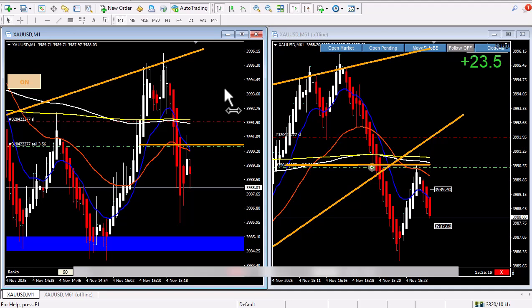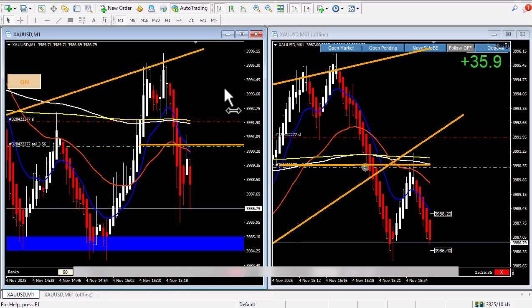Let's see how it moves. We will wait and see how it moves. Then we will just minimize our stop loss or move to break even.